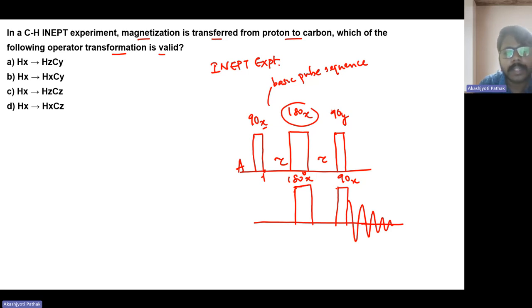It rotates the two transitions in opposite directions. A simultaneous 180-degree pulse on the X nucleus interchanges the labels.